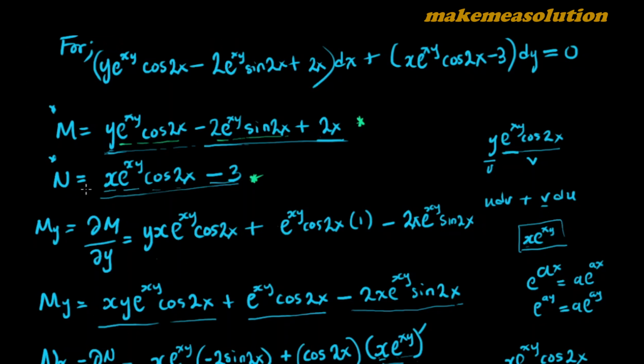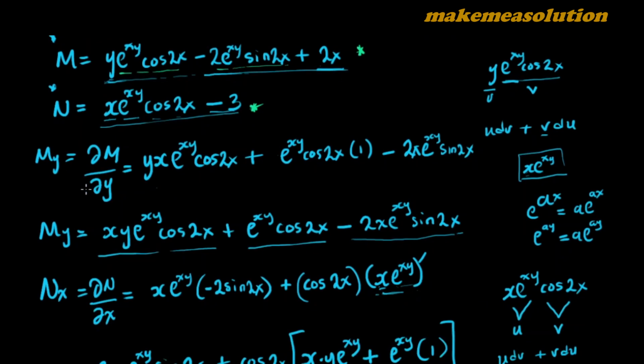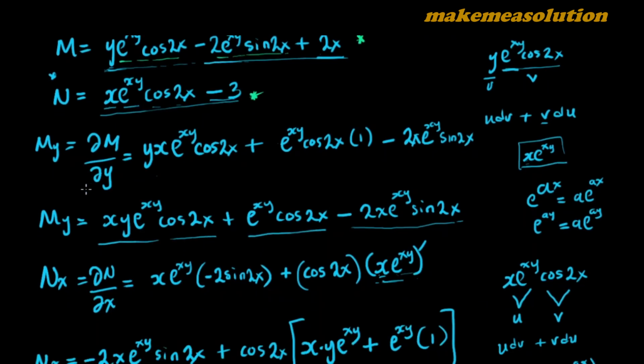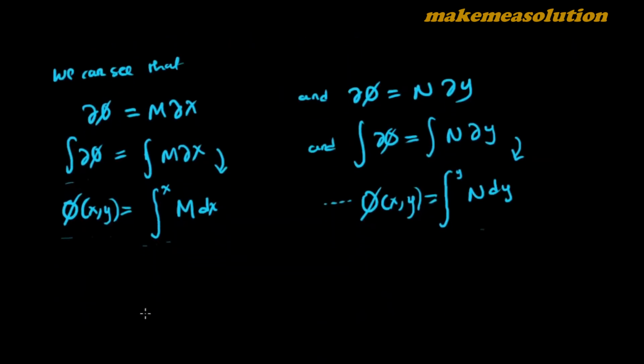Despite the fact that I said we may alternate, taking the integral with respect to x in one case and with respect to y in the other, for this example it will be safer for us to go with N, so that it will reduce the procedures for us. So N is x exponential xy cos 2x minus 3. This is how I'm going to write it.